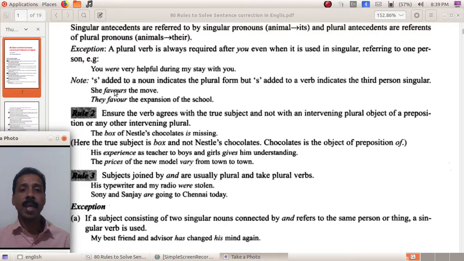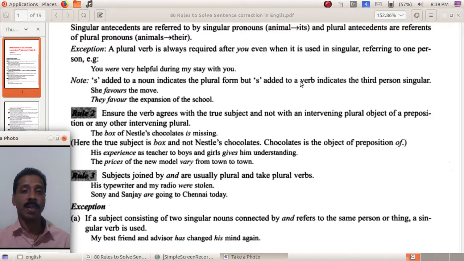Then, s added to a noun indicates the plural form. For example, while we add s to the singular noun boy, we get the plural form, boys. But s added to a verb indicates the third person singular form. That is, while we add s or es to the verb, it becomes singular.